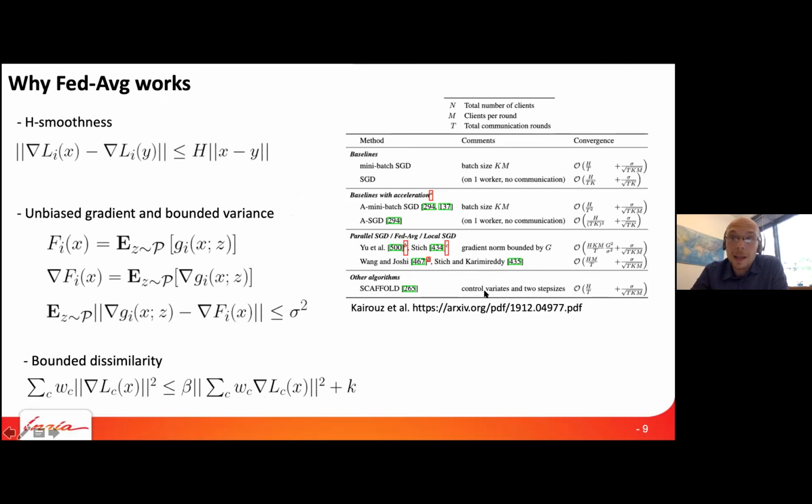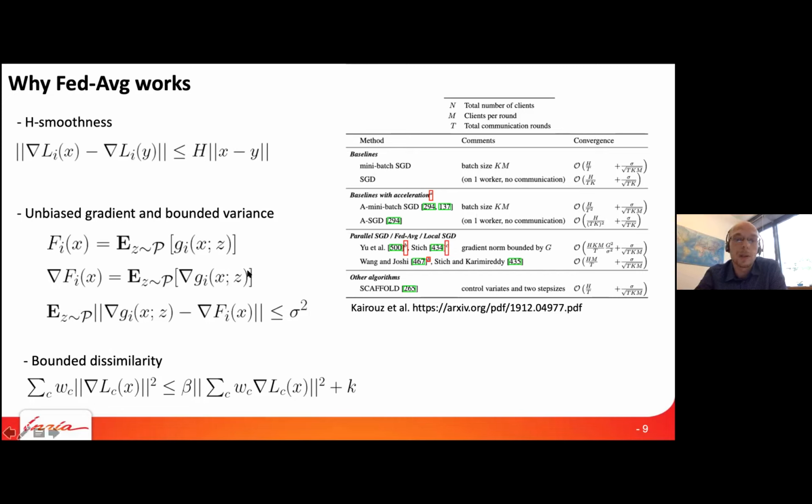Why does this make sense? As simple as it is, it makes sense because there has been quite a lot of research in the last couple of years proving that under certain conditions, especially smoothness of the loss function, what we call Lipschitz H-smoothness, and some condition on the bound of the unbiased gradient that we can estimate through SGD at the client level.